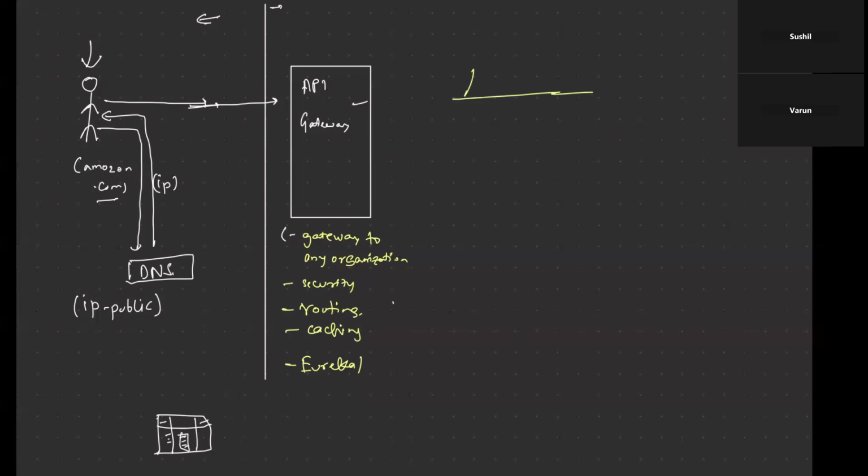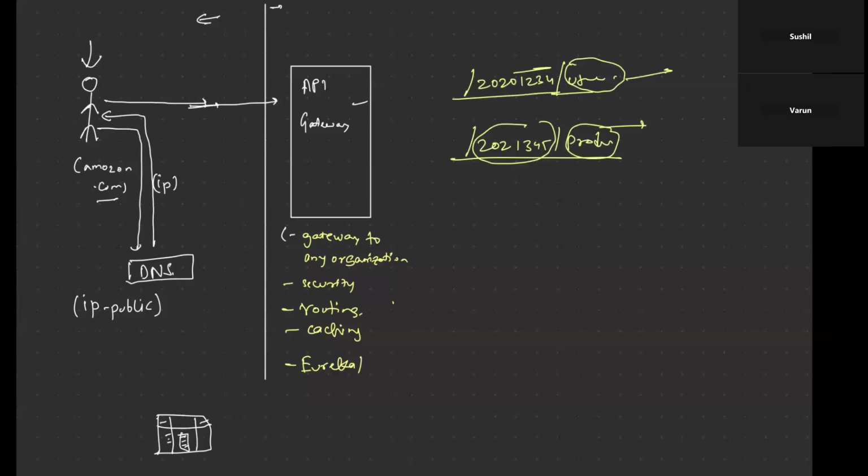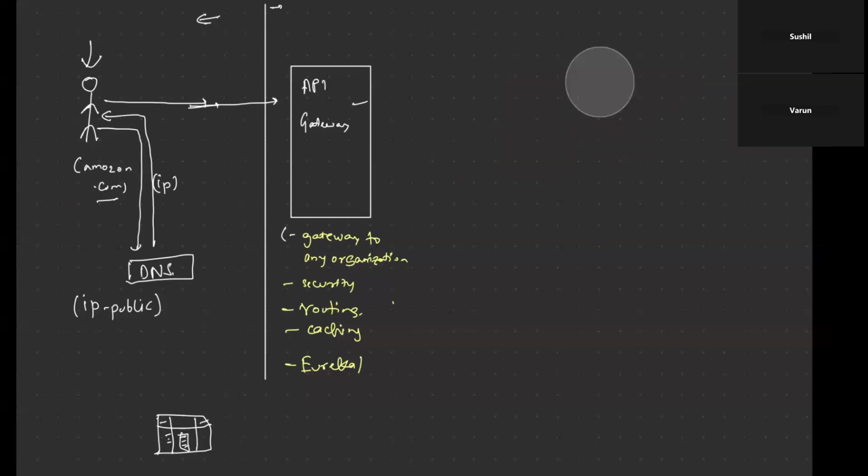For example, you will see something like 2020/1234, where 1234 is the products service, or 2020/1345/products/something/user/something, with a regex on users or products. They make a segregation that this should be routed to this service and that to that service. That's how internally they route it to their services, and then the normal request-response model works. This is how the API gateway routes the request.